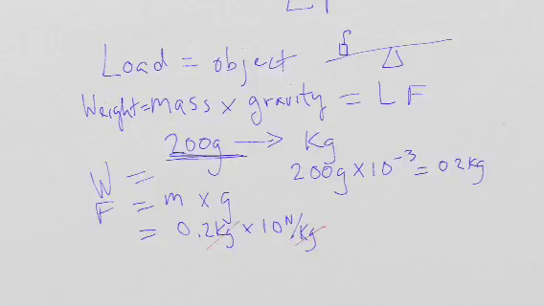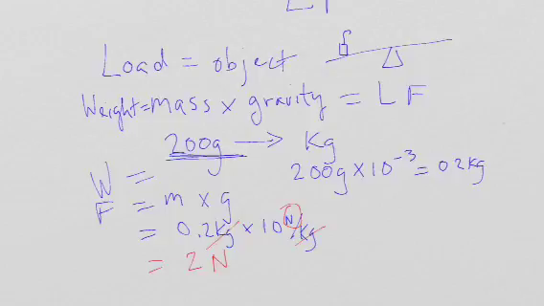My kilograms cancel out, and I'm left with newtons. That's amazing because a force's units is newtons. So we end up here with something along the lines of 2 newtons. My load force here is going to be 2 newtons.